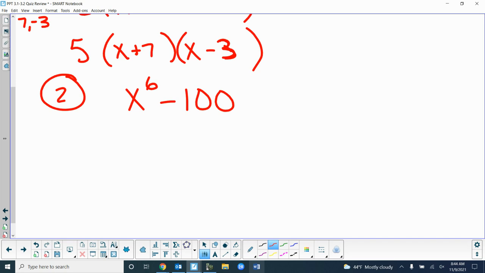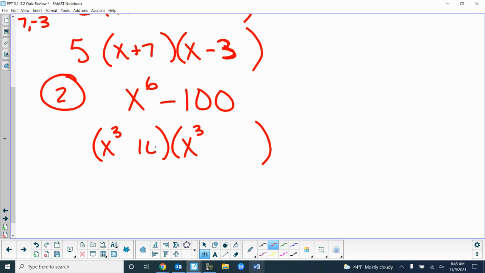Yeah. Okay, so it's one of those difference of squares. So you make 2 sets of parentheses and take the square root of x to the 6th, which is x to the 3rd. You just divide the exponent by 2 when you take the square root of an even exponent. What's the square root of 100?